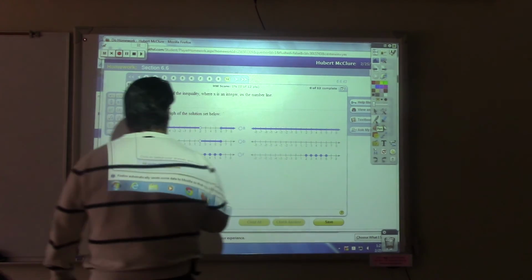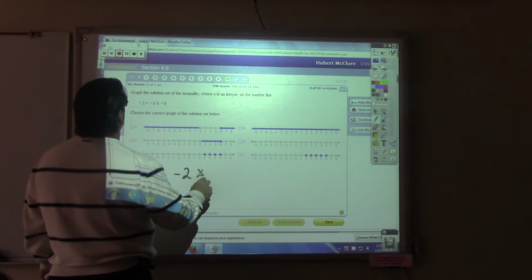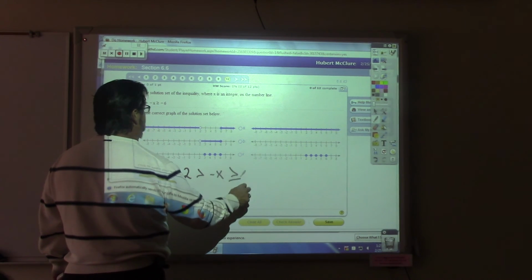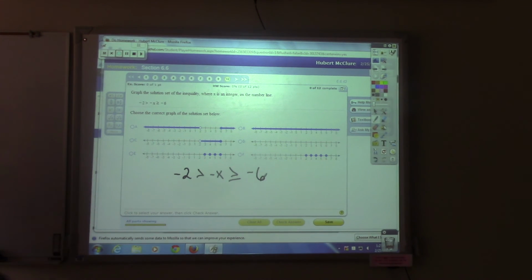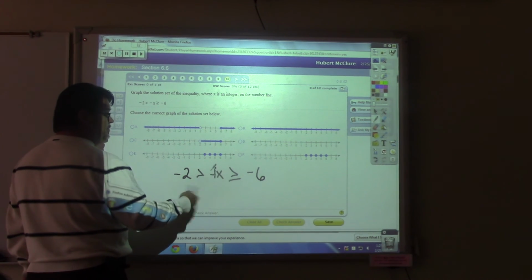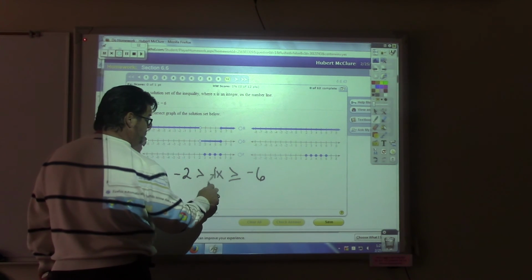So I'm going to write it out. -2 is greater than -x and greater than or equal to -6. And I'm going to divide through by -1. Now what if that was -2x? What would you divide through by? -2. Okay, I just want to make sure everybody understands that.